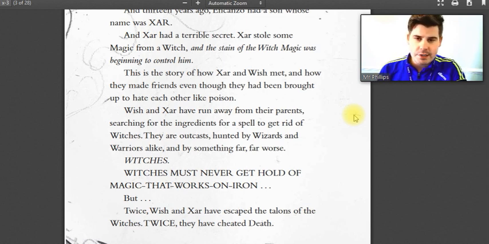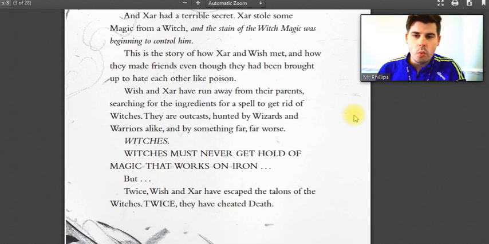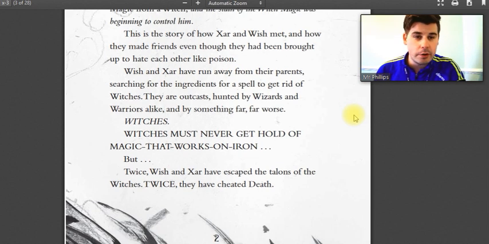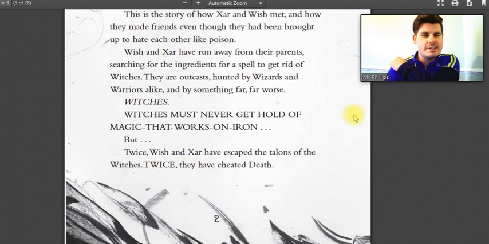They are outcasts, hunted by wizards and warriors alike, but by something far, far worse. Witches. Witches must never get hold of magic that works on iron. But twice, Wish and Zar have escaped the talons of the witches. Twice, they have cheated death. And that's the end of the prologue.